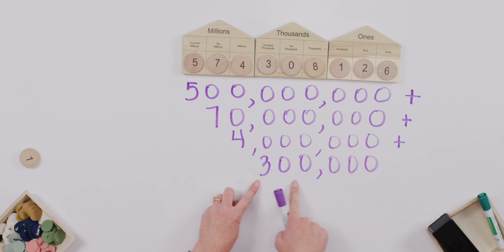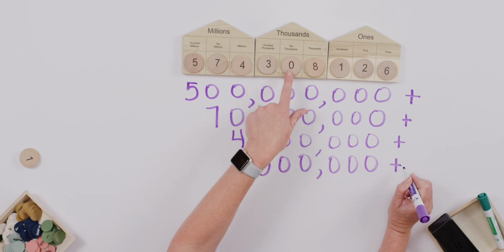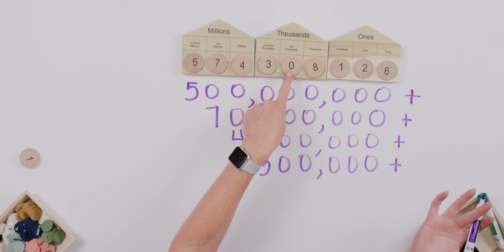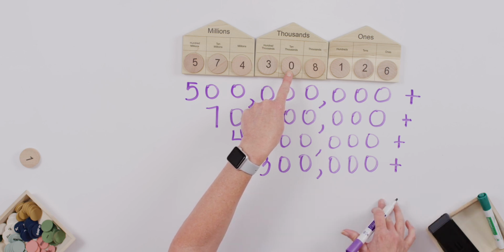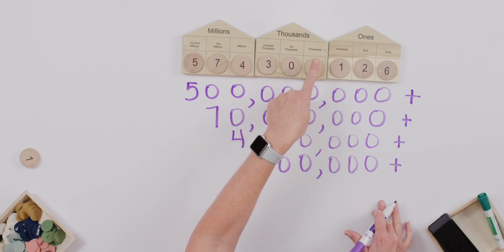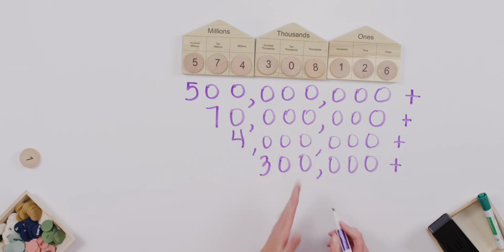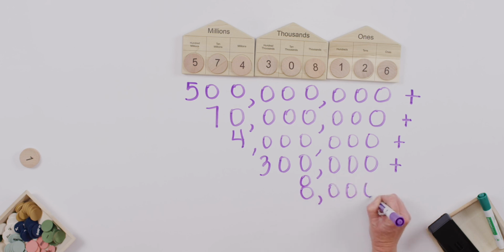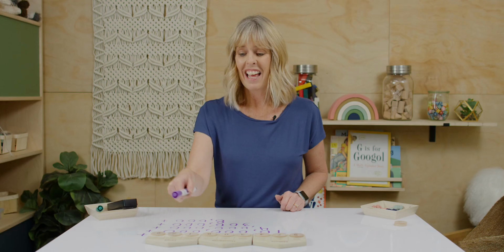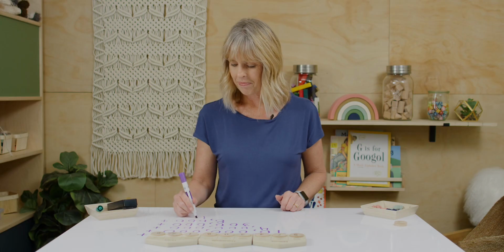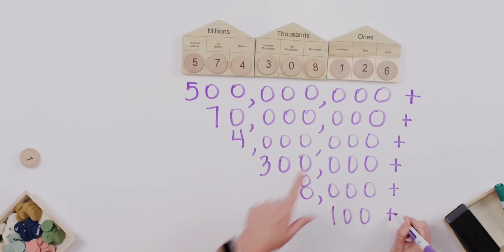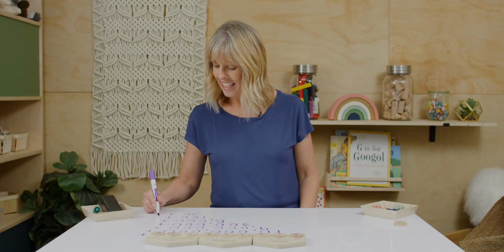So here we have 300,000, and then we're going to add, I don't have any 10,000s, so I don't need to add anything there. But now I'm going to go to my 8,000s. So make sure, don't put it in this column, but we're going to put it in our thousands column. I'm going to add 8,000, 100, 20, and 6.